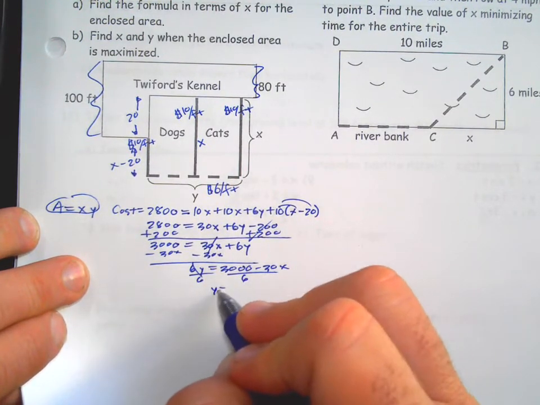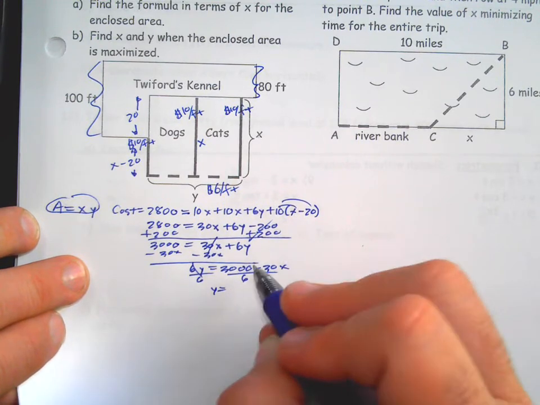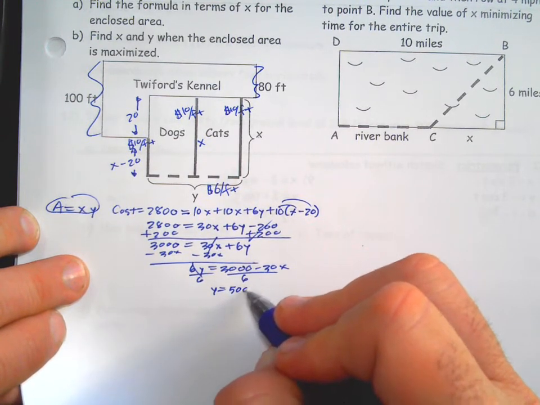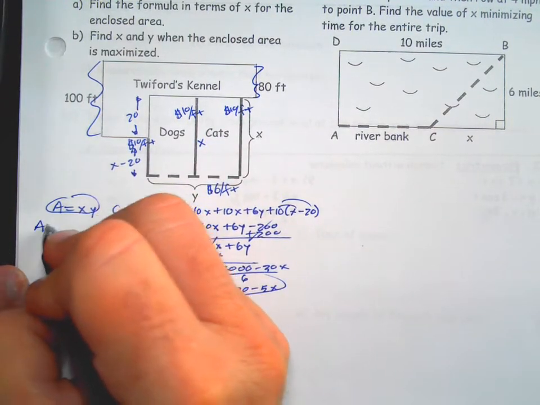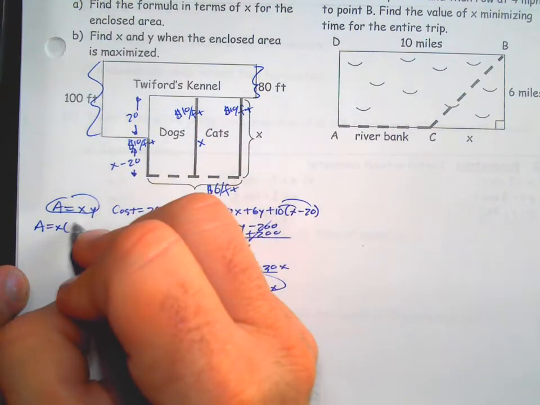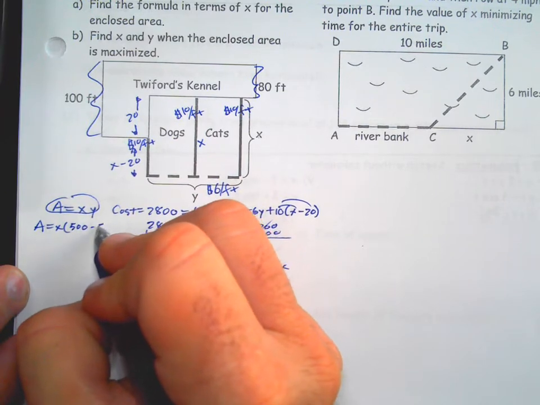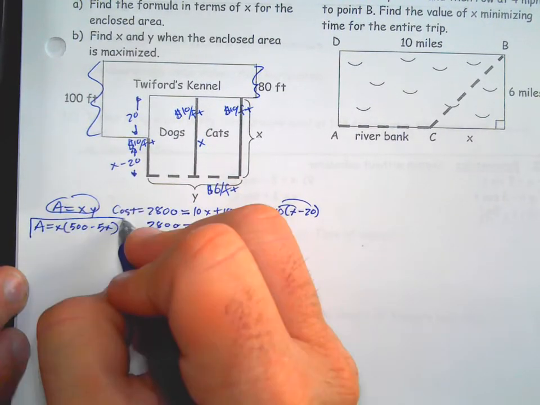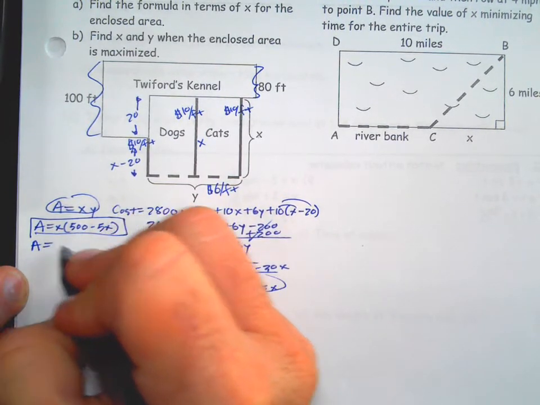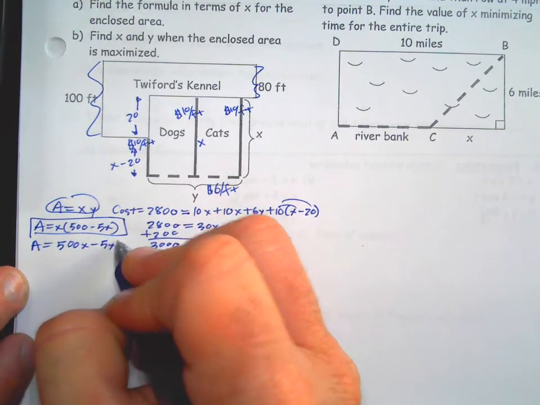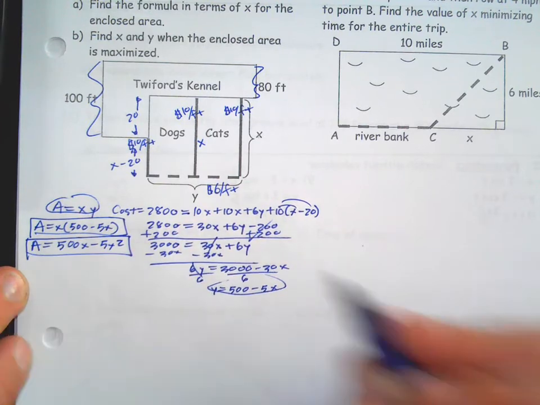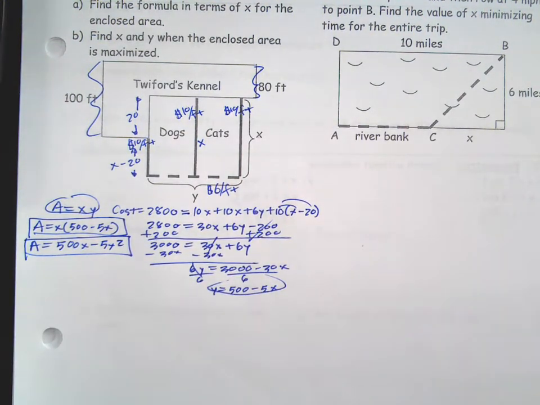Y equals 500 minus 5x. So then we're going to plug that back in up here, and area equals x times 500 minus 5x. So there's our formula. We'll probably go ahead and distribute it. 500x minus 5x squared.